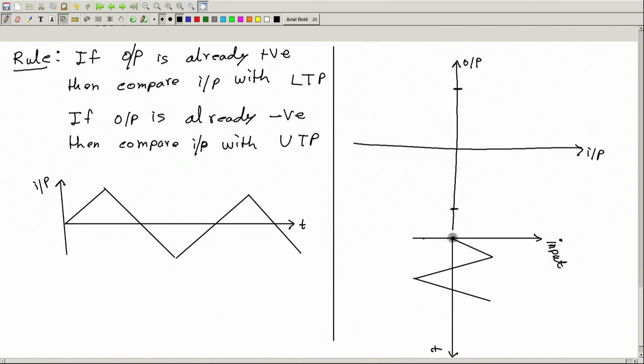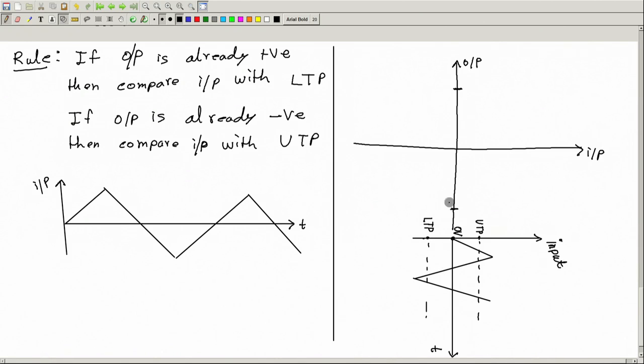This line is 0 volt, and somewhere here I can draw the upper trigger point, UTP, and somewhere here the lower trigger point, LTP. So it will compare the input with these two levels depending on the current value of the output.